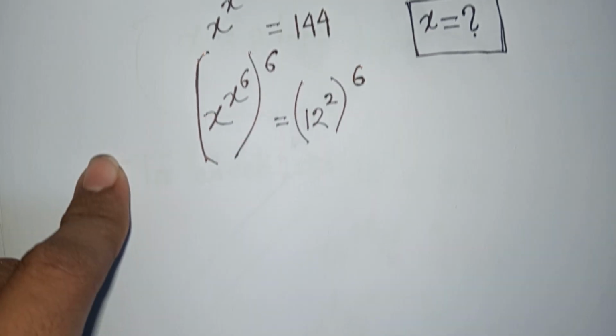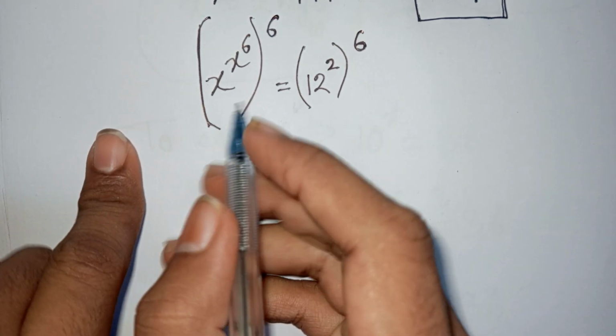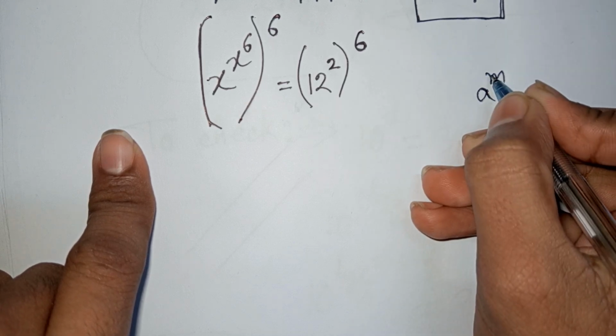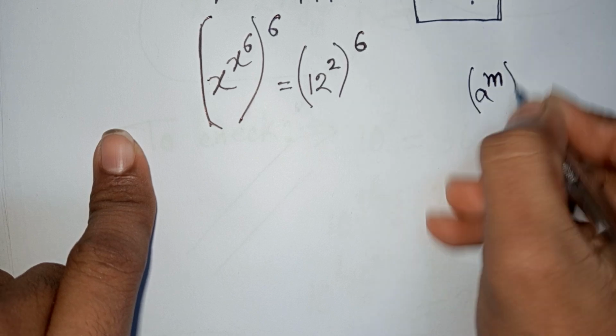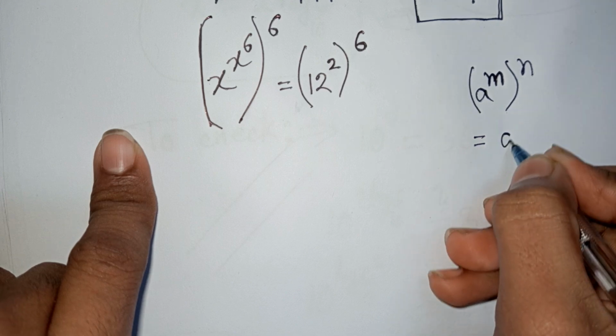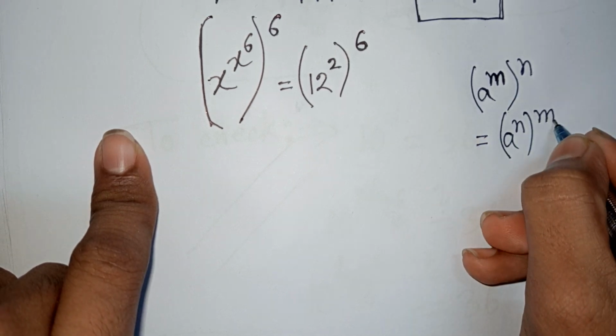Now here I can apply this exponential rule: a power m, bracket power n, is equal to a power n, bracket power m.